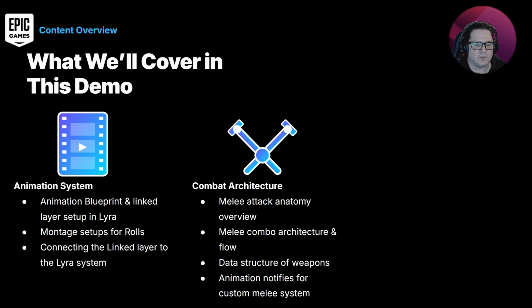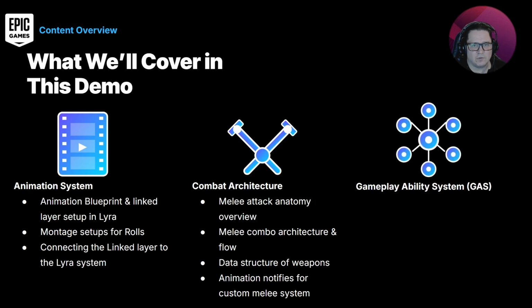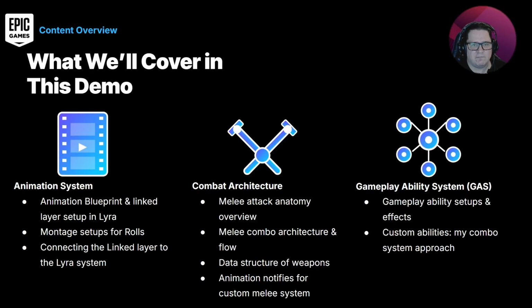And I will explain some of the custom notifies I needed to create to achieve all of these systems. And finally, we will see how all of this is connected and queued to the Gameplay Ability System, or GAS, how I use the ability setups and the effects, how I create my custom combo system approach, and finally explain a little how the gameplay tags in Lyra work to create all of this.